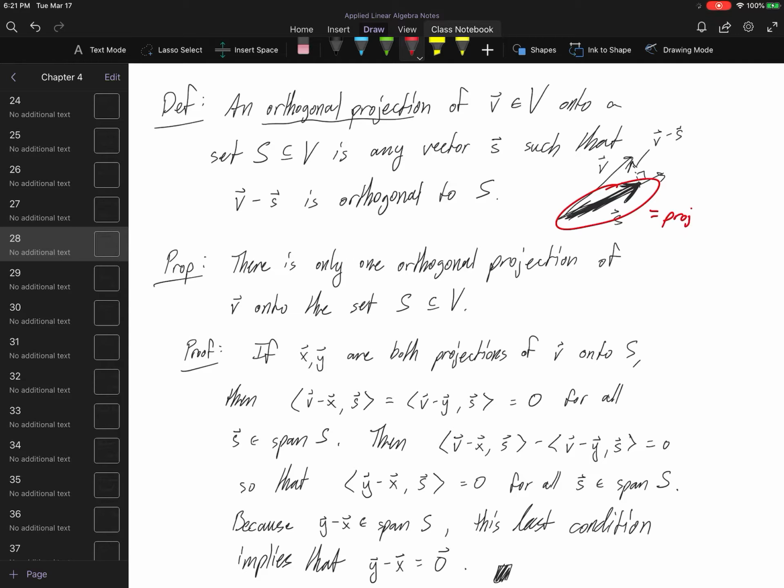Whew, awesome. Okay, so really, this is the guy that we're looking for. This is the projection of V onto S. So proj sub S of V.